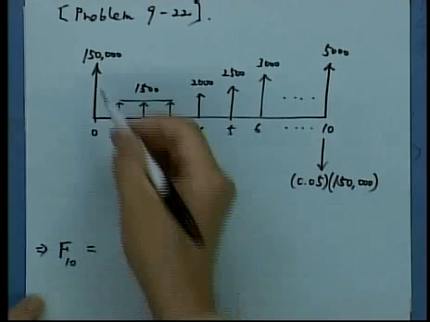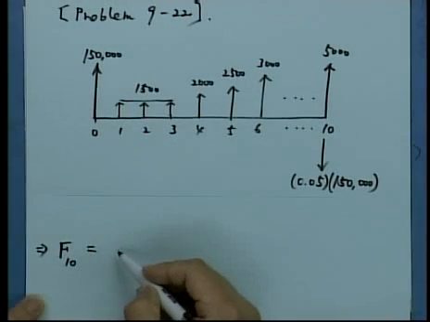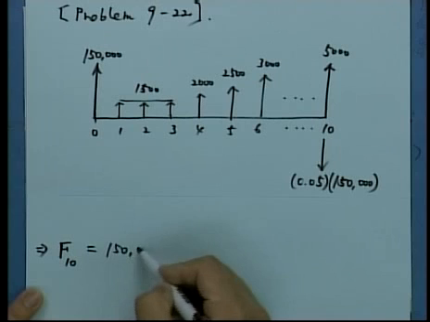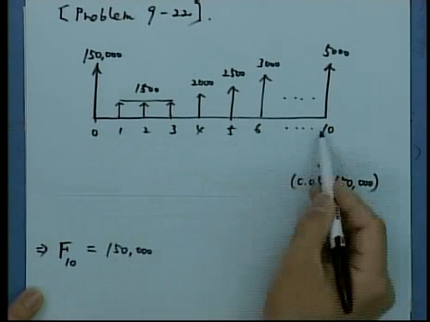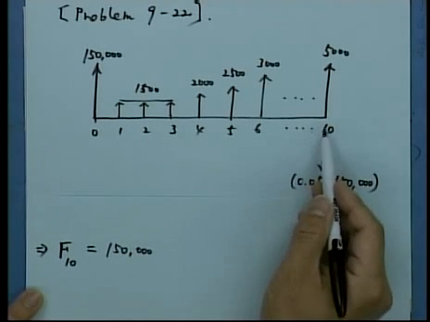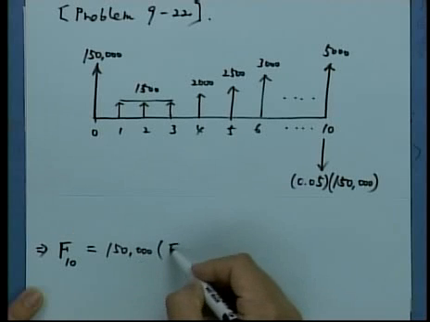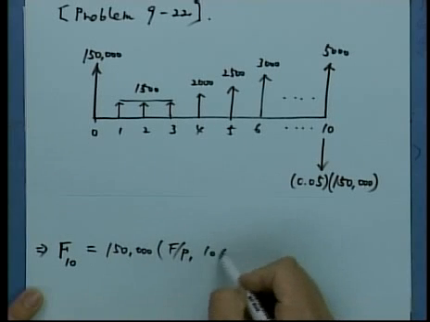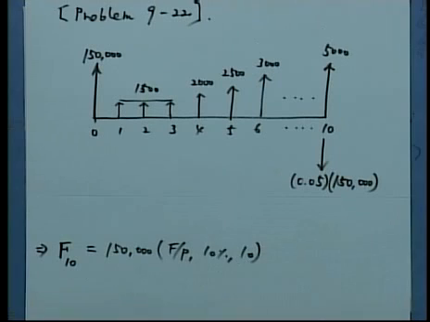That's going to be $150,000. You need to convert it to an equivalent future sum at the end of period 10, so you multiply by F given P, 10% over 10 periods.